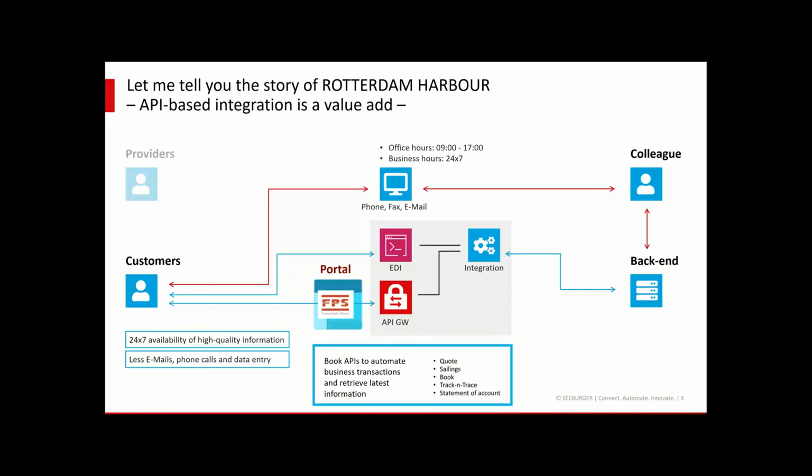And what they did, they implemented the possibility to communicate with them via an API. Customers are generally enabled to call the API to get a quote, to call the API to get availability, they call it sailings, or finally to book a specific offered sailing.